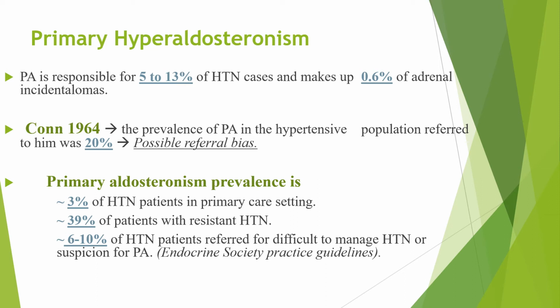He described at the time that primary hyperaldosteronism might be the cause of hypertension in around 20% of the cases. But subsequent studies revealed that primary aldosteronism prevalence is 3% in hypertensive people, 39% in resistant hypertension, while 6 to 10% of hypertensive patients referred for difficult to manage hypertension or when there is suspicion for primary aldosteronism.